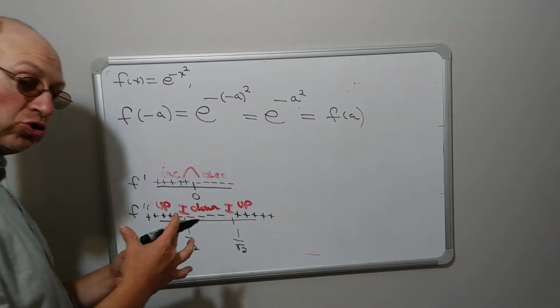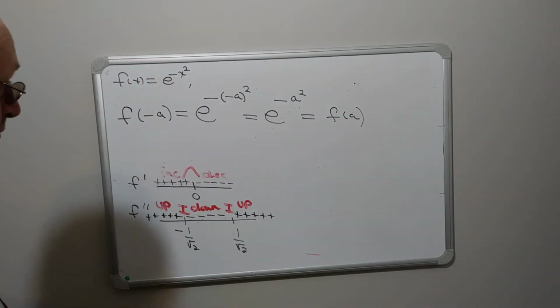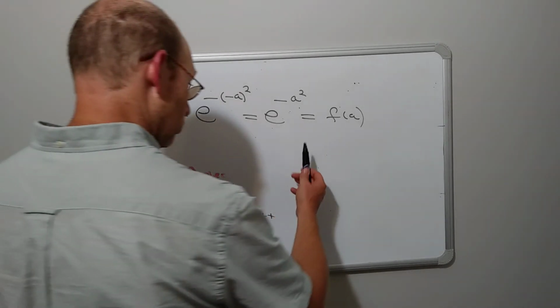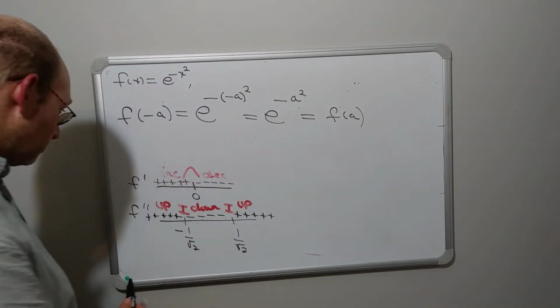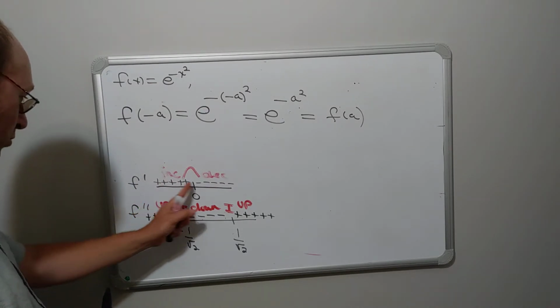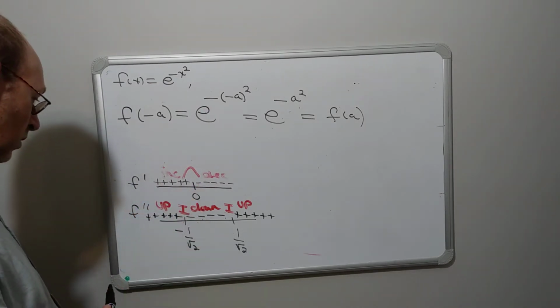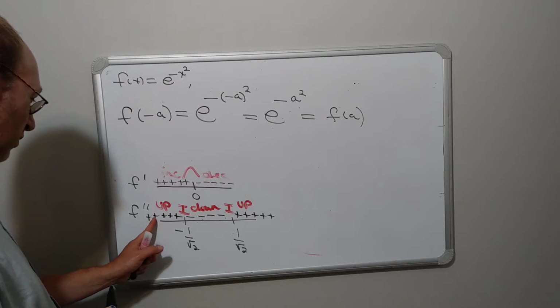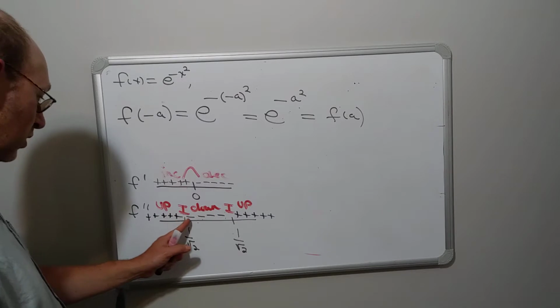That means it's symmetric about the y-axis. Alright, so let's see what the graph looks like. We increase and then we decrease. We're going to be concave up and then we're going to be concave down.